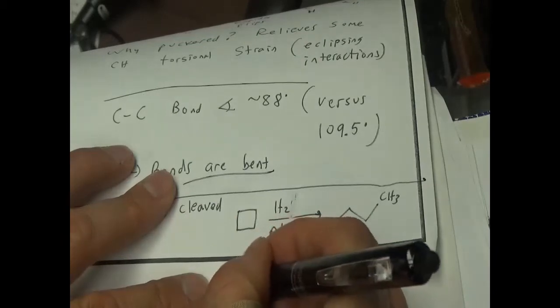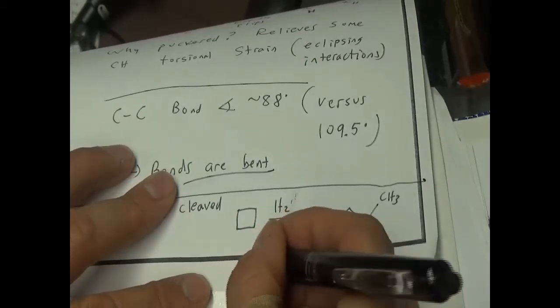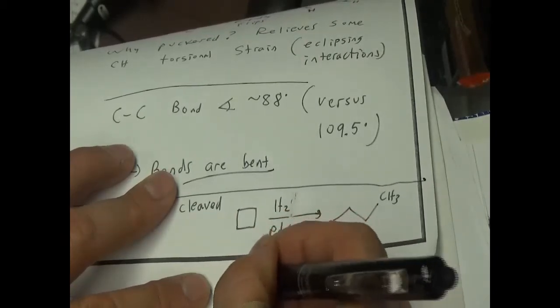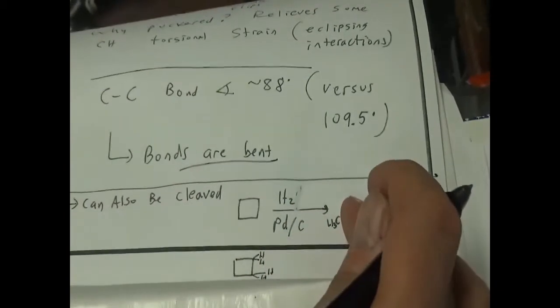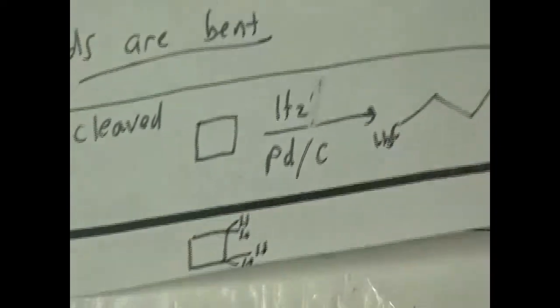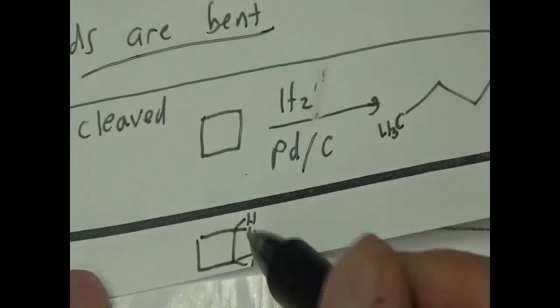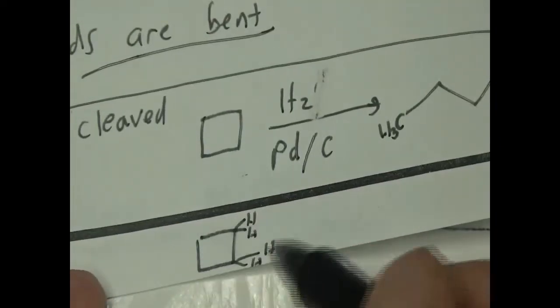I'll just draw it over here underneath. We have H2. I'll just draw it so you can get the idea. So we have 4 CH2s, right? CH2, CH2, CH2, CH2.